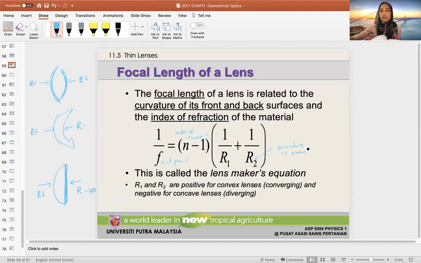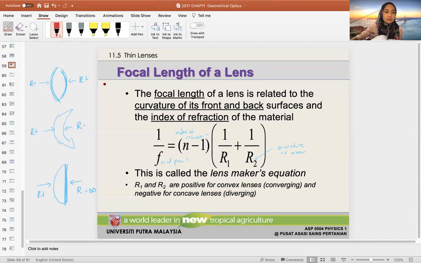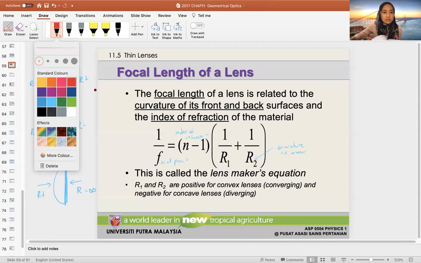So again, for a lens, the light can pass through, so it doesn't matter whether light goes from here or from here. But the way for you to determine which one is R1, which one is R2, or which one is in front and which one is at the back, is where you are shining light. Where is your incident light? For example, I am using a torchlight.